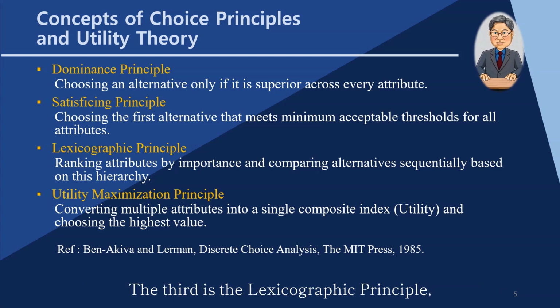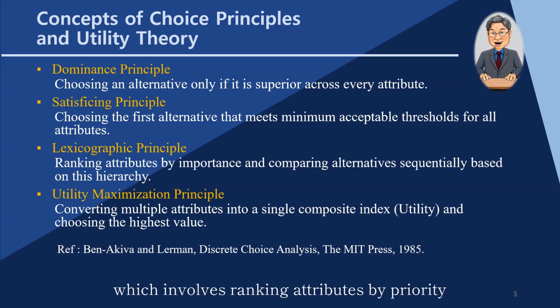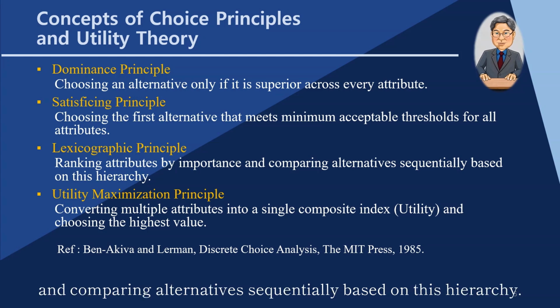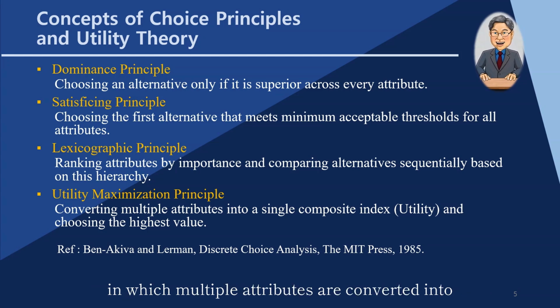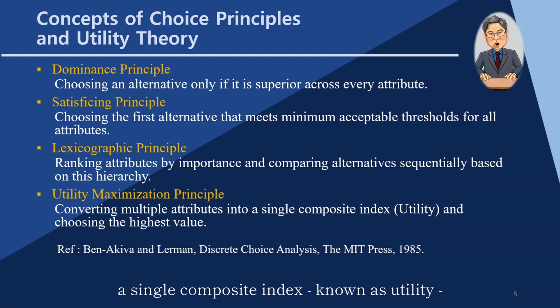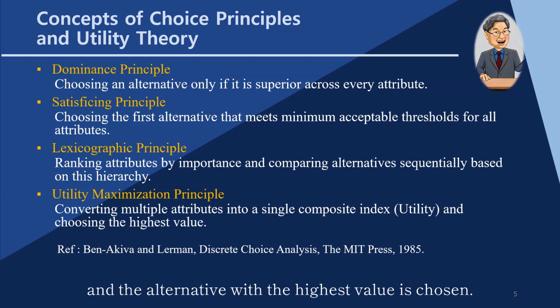The third is the lexicographic principle, which involves ranking attributes by priority and comparing alternatives sequentially based on this hierarchy. Finally, the fourth is the utility maximization principle, in which multiple attributes are converted into a single composite index known as utility, and the alternative with the highest value is chosen.